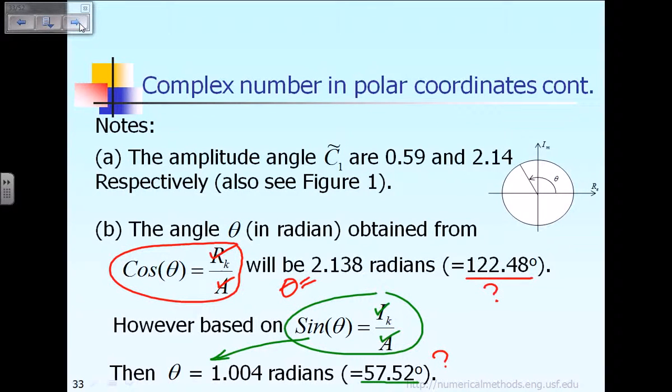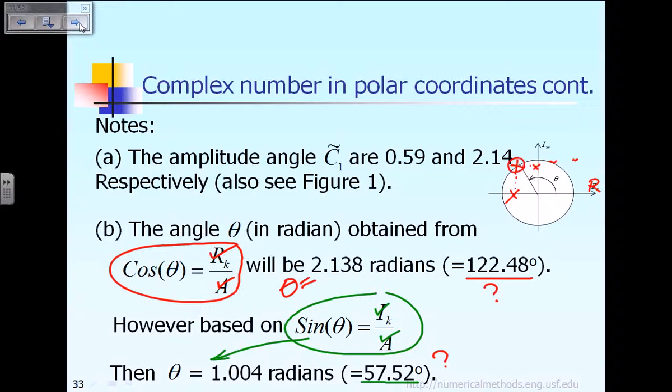So in order to have the real part negative and the imaginary part positive, that complex number should be right here. Because at that point, you can see clearly the real part will have a negative value, and the imaginary part will have a positive value. So the complex number must be right there.